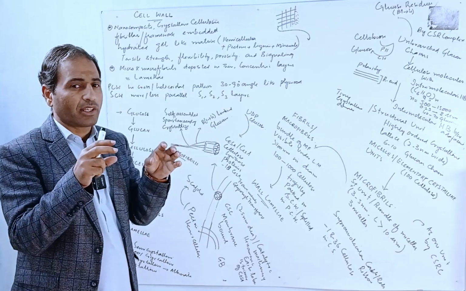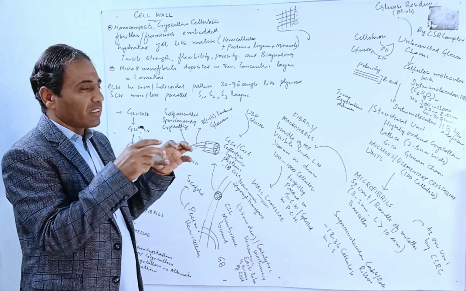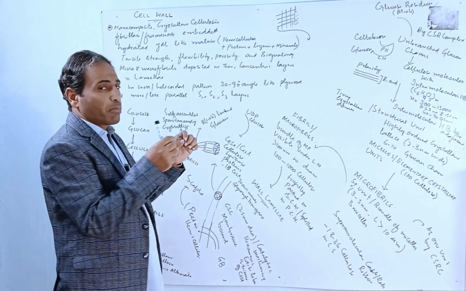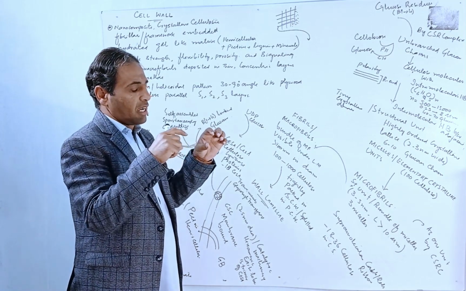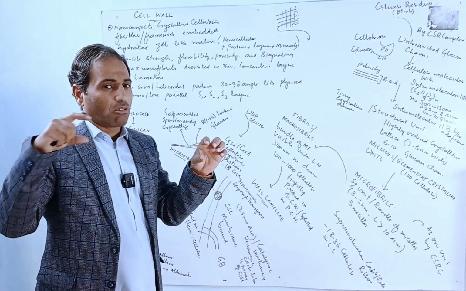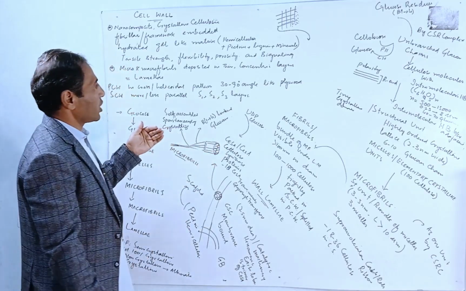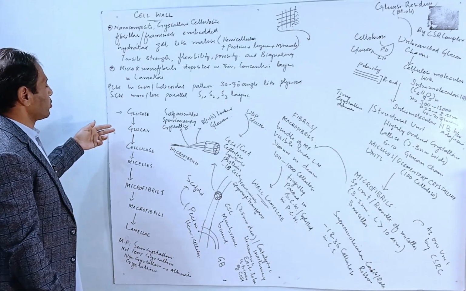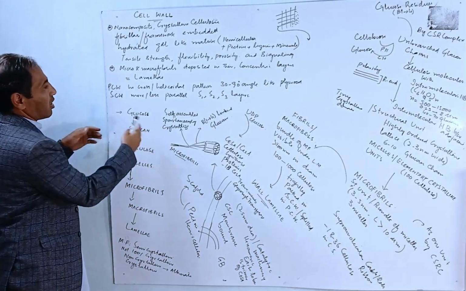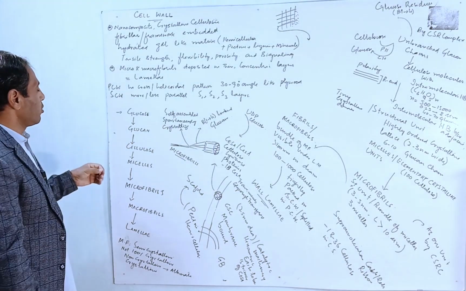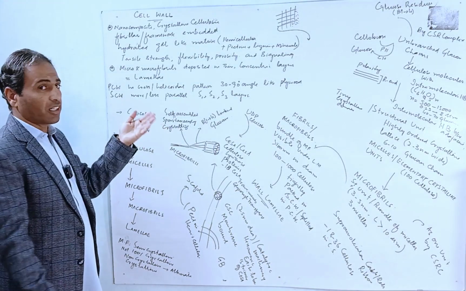One glucose molecule links with another glucose molecule through a beta 1,4 glycosidic bond to give cellobiose, and it further grows into a long chain. That long chain of glucosyl units linked by beta 1,4 glycosidic linkage gives us a glucan chain. The glucan chain is an unbranched chain.